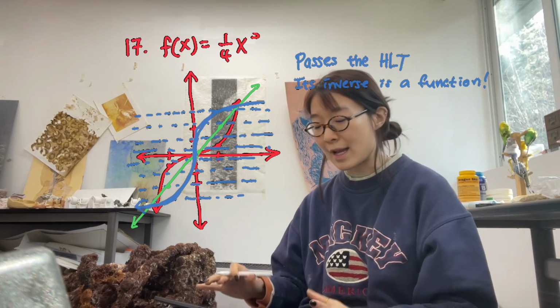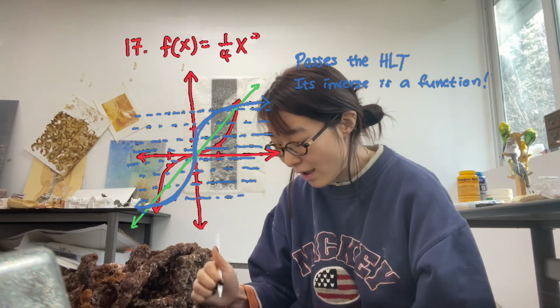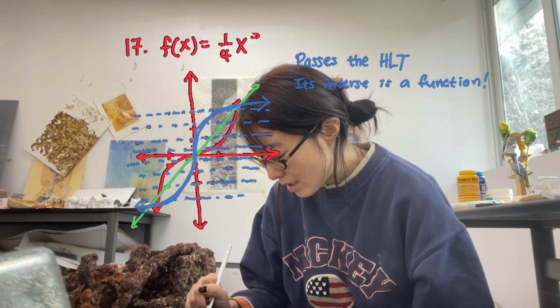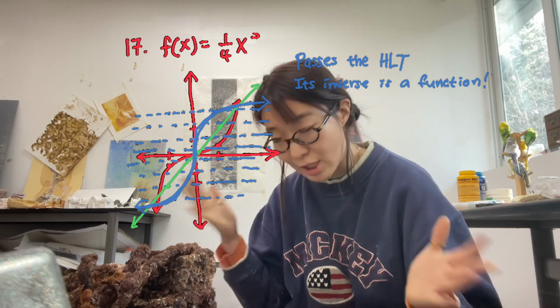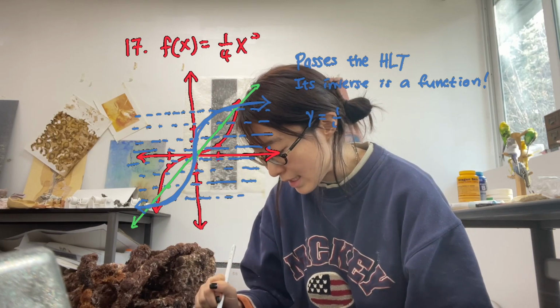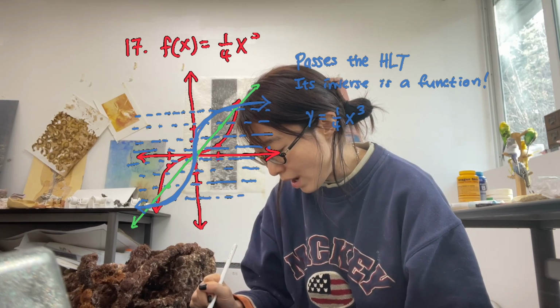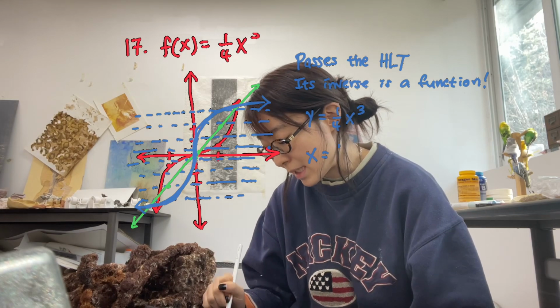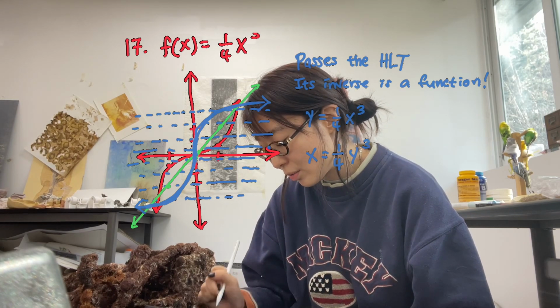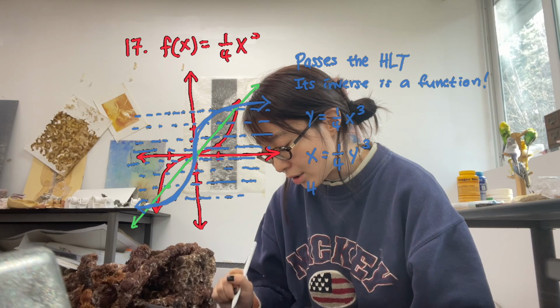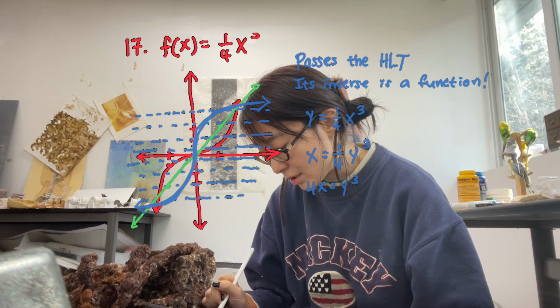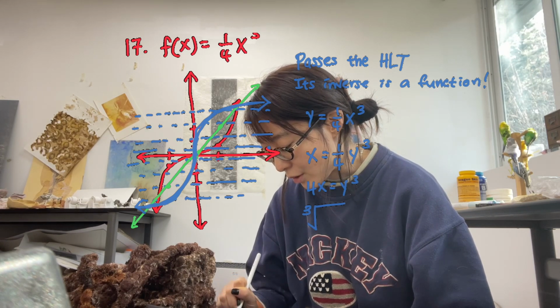Ta-da! And we can find the inverse function as well by simply switching x and y. So I would get x equals 1/4 y cubed, and that means 4x equals y cubed. So cube root of 4x would be the inverse function.